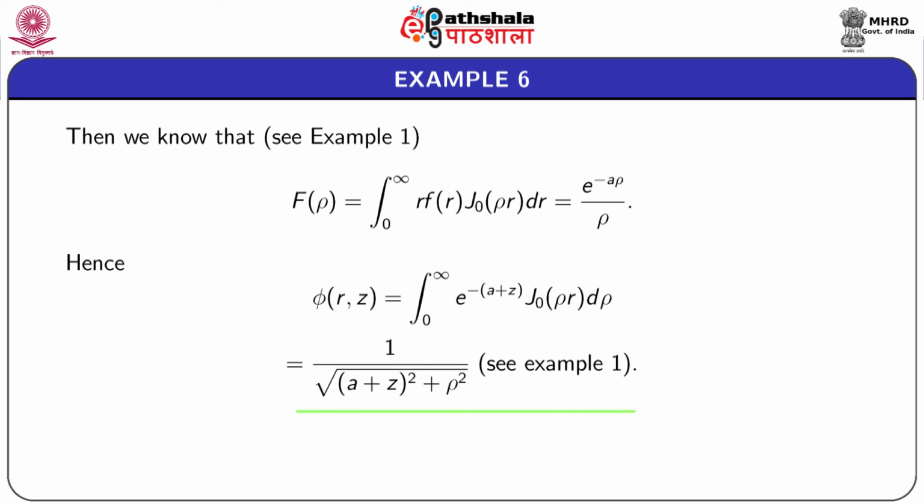Here I mention that this is possible because the Hankel transform of order 0 and its inverse have a similar formula. So, taking a particular form of small f of r, we have obtained the solution for the boundary value problem here.